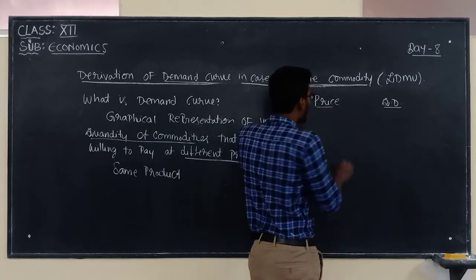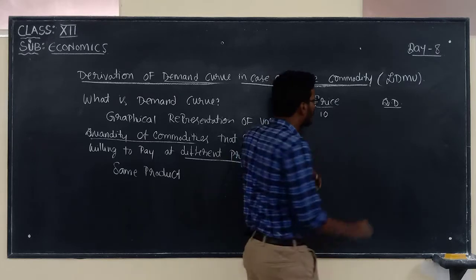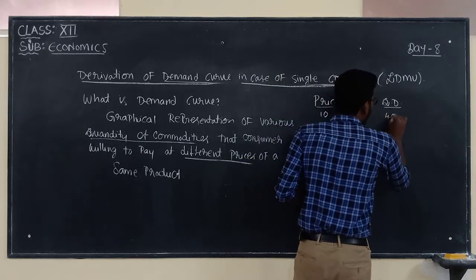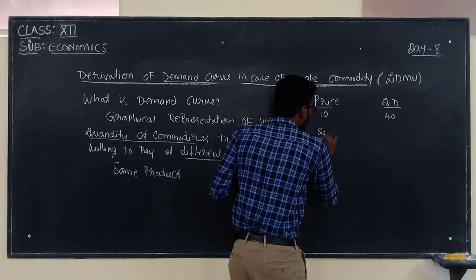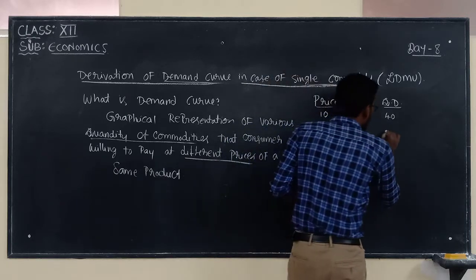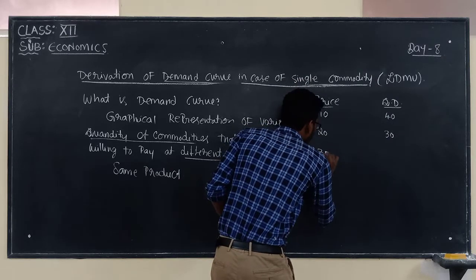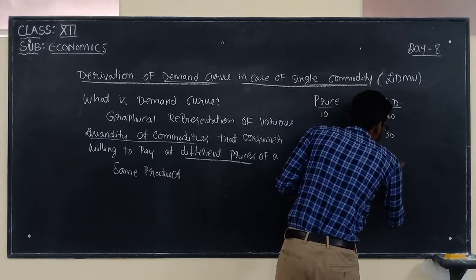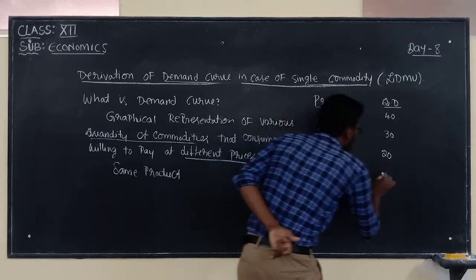When the price of the product is 10, quantity will be 40. Price 20, quantity 30. Price 30, quantity 20. Price 40, quantity 10.